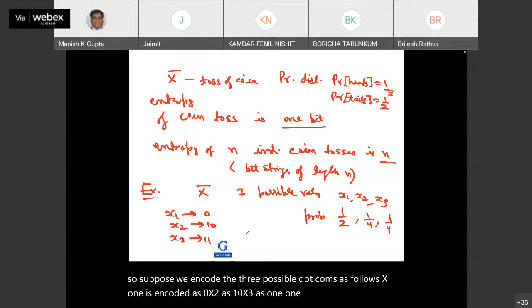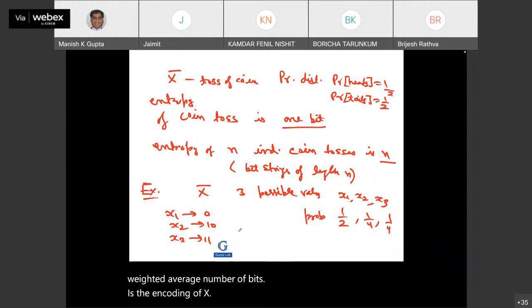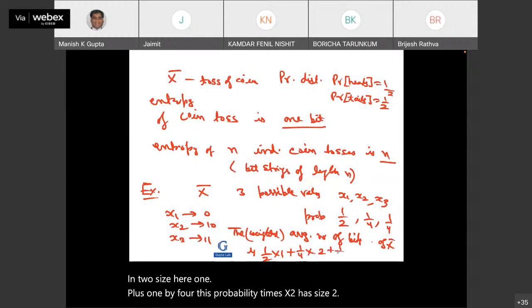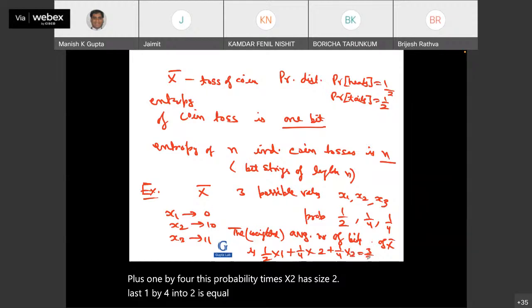Then the weighted average number of bits in this encoding of x is half times size 1, plus 1 by 4 times size 2 for x2, plus 1 by 4 times 2, which is equal to 3 by 2.